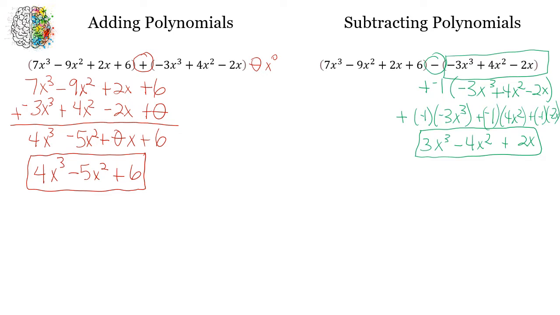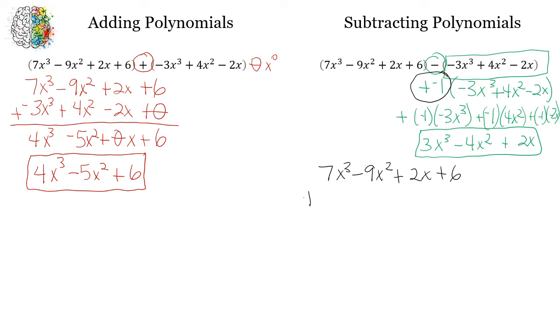So now I'm going to go ahead and solve my problem. I'm going to write down the original equation. And then because I changed my negative, I changed it to a plus minus 1 and then distributed that 1.